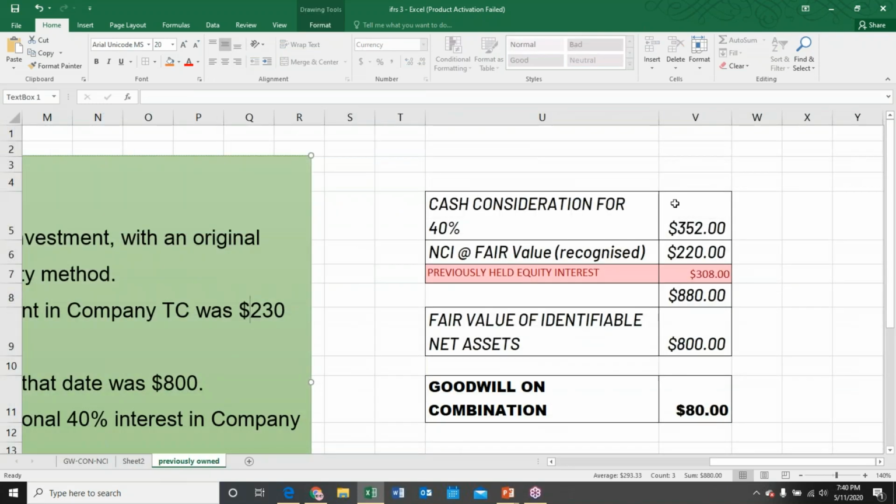Under step acquisition it is the same. The only thing included here is my previously held equity interest at fair value, not the carrying value. Do not confuse the carrying value and the fair value. All these things are measured at fair value. The measurement approach can be cost, income, or market, but all my amounts are measured at fair value.